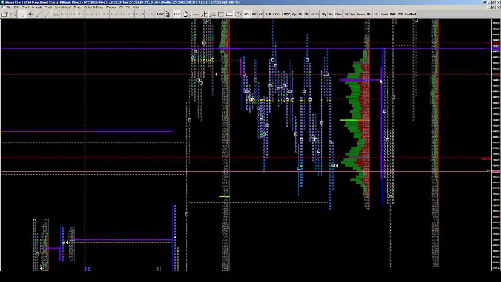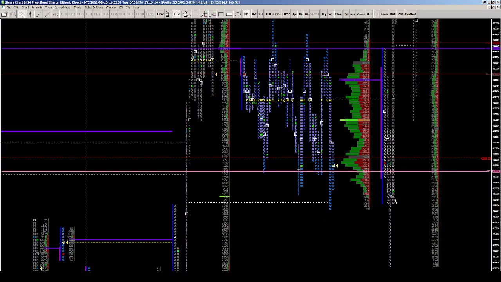They squeezed these people back up and then came back down, and we didn't find more sellers. In fact, the selling dried up, and then the buyers stepped in and pushed it back out. So we rejected this area down here of value and this area of the other day's value.